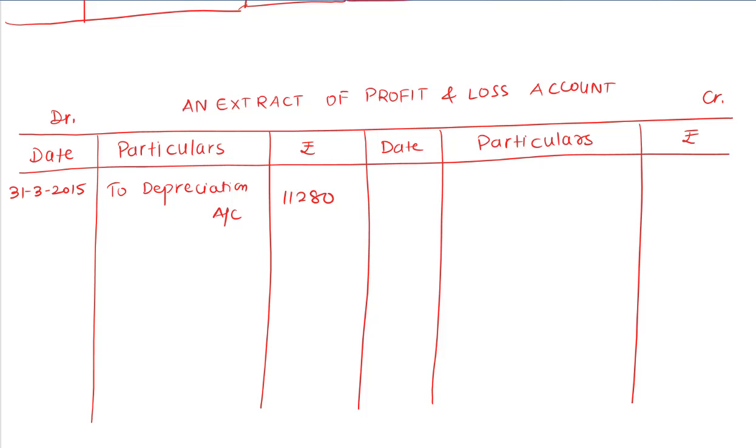For all the 4 years, the depreciation amount would be the same because it is the annuity method. The interest amount will be different.